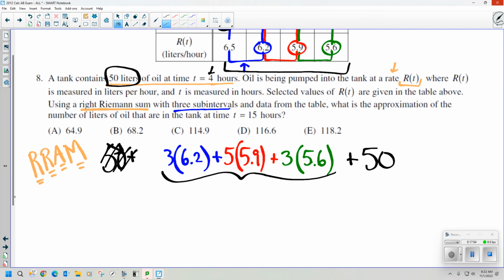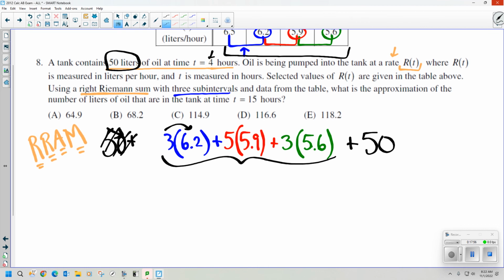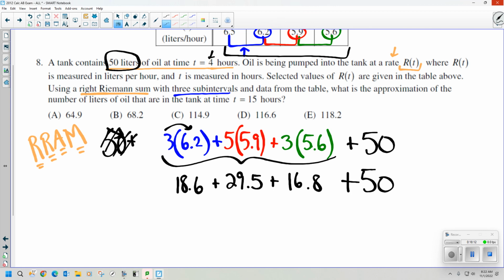Scroll down. All right, 3 times 6.2 is 18.6, plus, without a calculator, 45. Carry the 4, 25 and 4 is 29. Plus 18, carry the 1, 15, 16. Plus my 50. So we have 1.9.